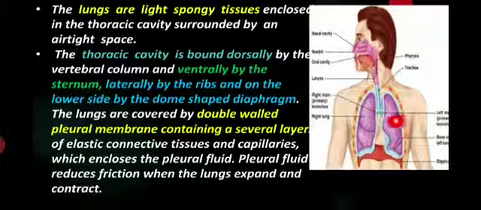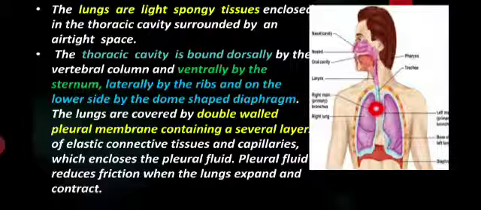So you have to see the human lungs. The lungs are very lightweight, made up of spongy tissue, enclosed by the rib cage in the thoracic cavity, surrounded by an airtight space. The thoracic cavity is bound dorsally by the vertebral column, that is, the back side, and ventrally by the sternum.